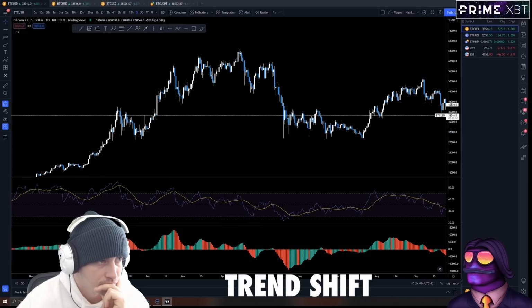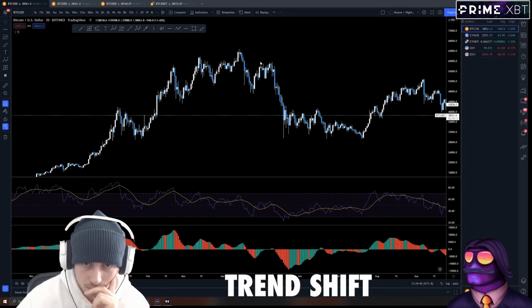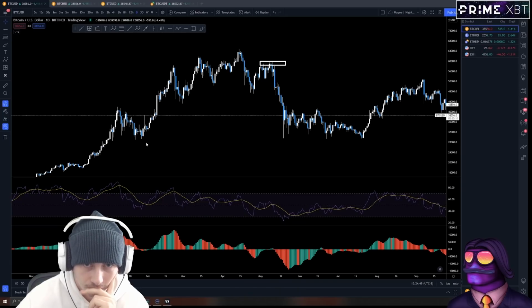So the confluent factor from a price action perspective for me was the creation of the lower high around 58K. When we got the rally on BTC and we came back up towards that 58K area, it was the former resistance region, so we had some pretty major confluence from my system.